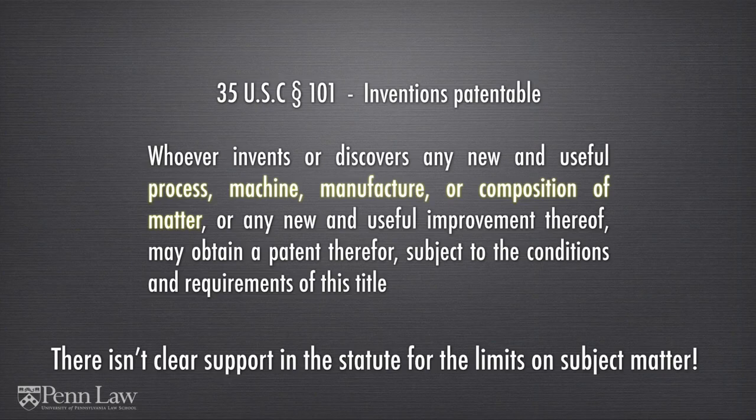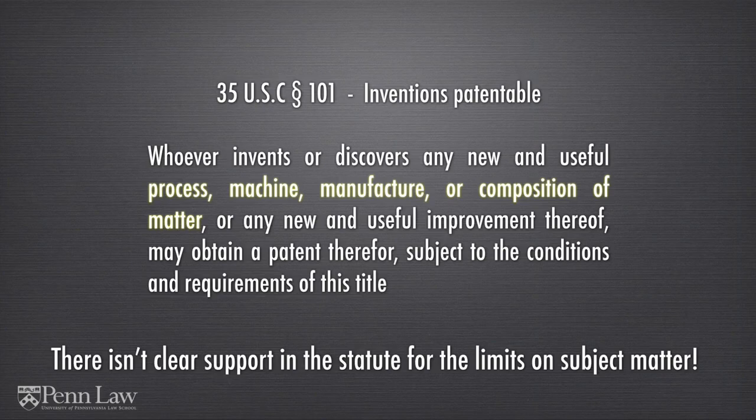In fact, Congress, when it was describing the scope of Section 101, suggested that it wanted anything under the sun made by man to be patentable. What this means is there isn't clear support in the statutory language itself for the limits on subject matter that we just covered, those three categories of limitation.